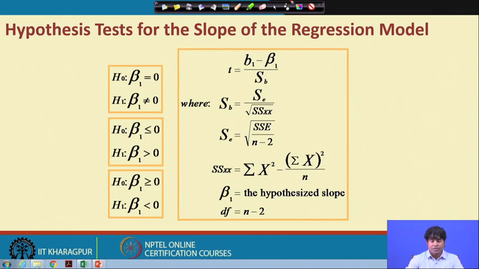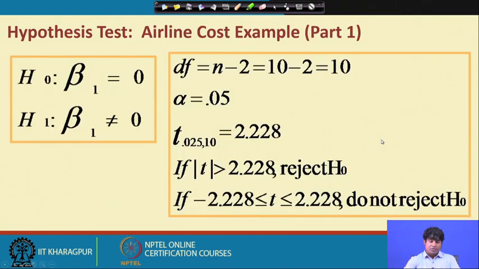The software has already obtained these results, compared them, and also declared the statistical significance of these parameters, that is, at what level of probability these parameters are statistically significant. This is the procedure through which you justify the importance of the parameters alpha hat, beta hat and R square.